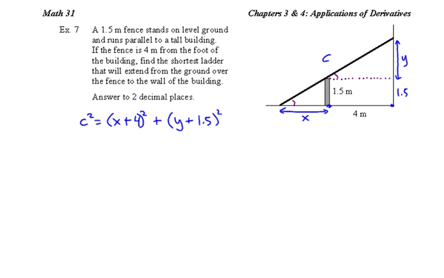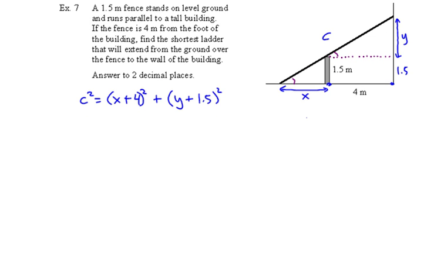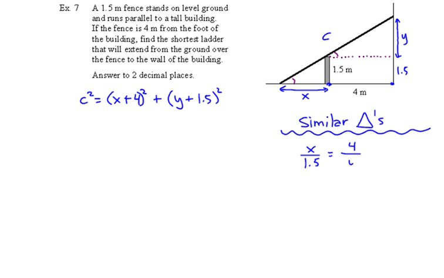Okay. Now, we need to get rid of a variable. So somehow we need to relate x and y through similar triangles. What are the similar triangles we can use? X over 1.5 equals 4 over y.